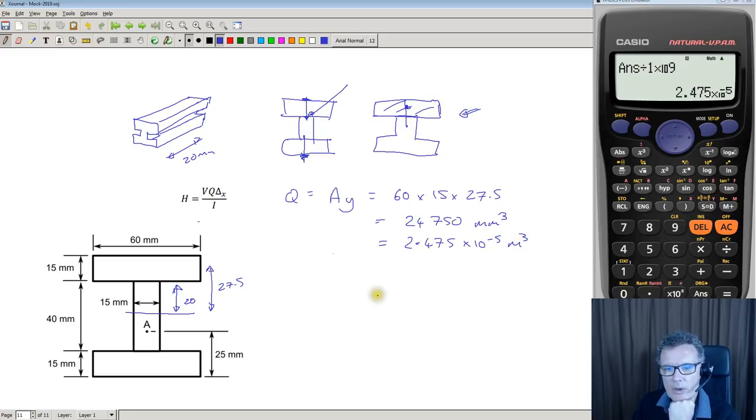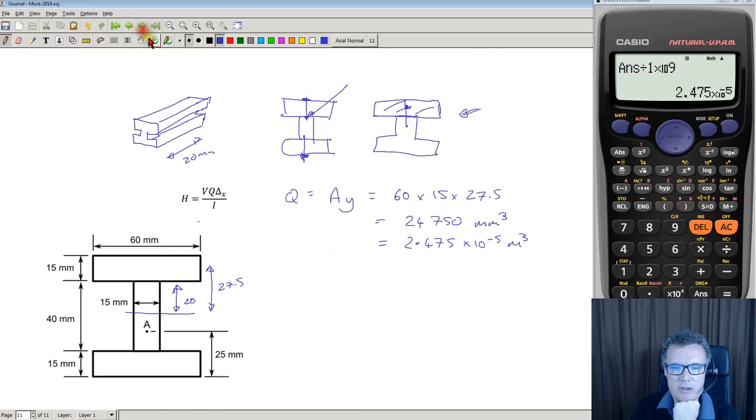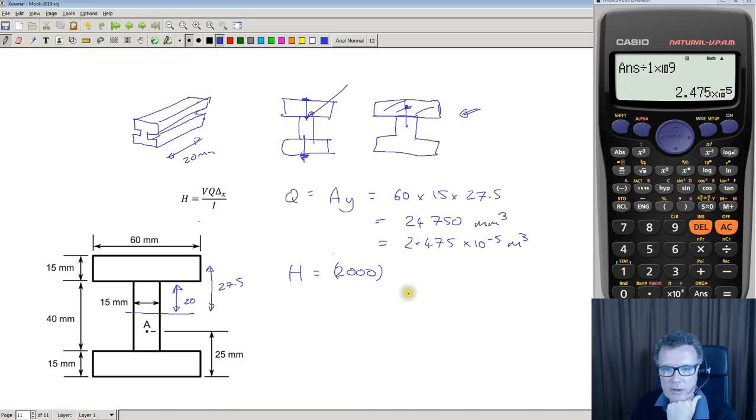Okay. Right, so that's Q done. The separation length we're saying is 20 millimeters. So V equals 2000. Yeah, V still 2000. Q is 2.475 times 10 to the minus 5.